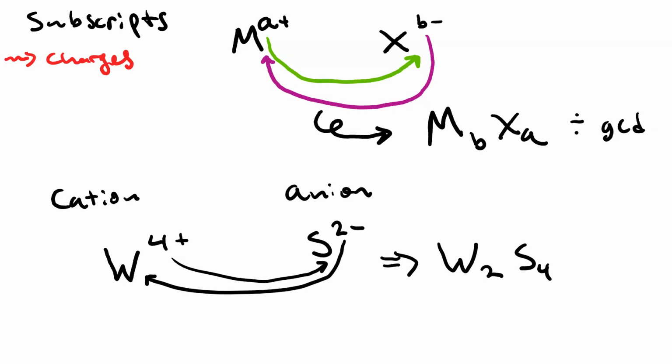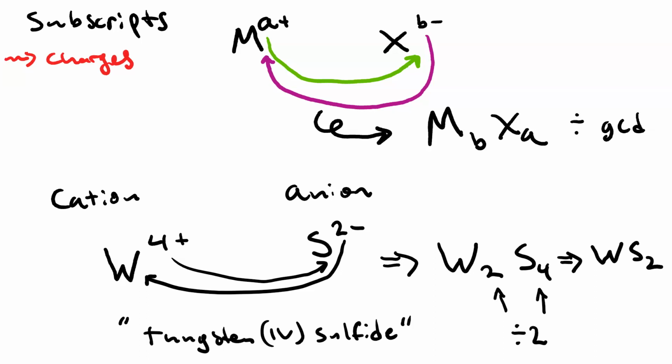This is the correct ratio, but it's not the smallest whole number ratio. Both 2 and 4 are divisible by 2. Dividing both by 2, we get WS2. That is the correct formula. And the name of this compound is tungsten 4 sulfide.